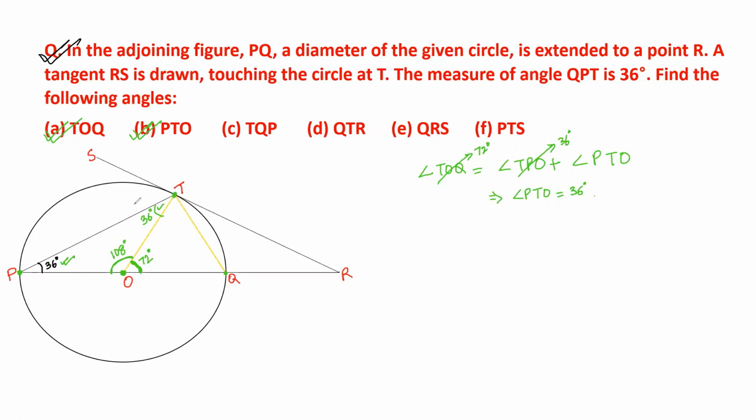So the angle formed by the arc PT at the circumference would be half of this angle. And the arc PT forms this angle at the circumference. So this angle would be half of 108 degrees, that is 54 degrees, which we are able to find simply by using the inscribed angle theorem. So angle TQP is 54 degrees.